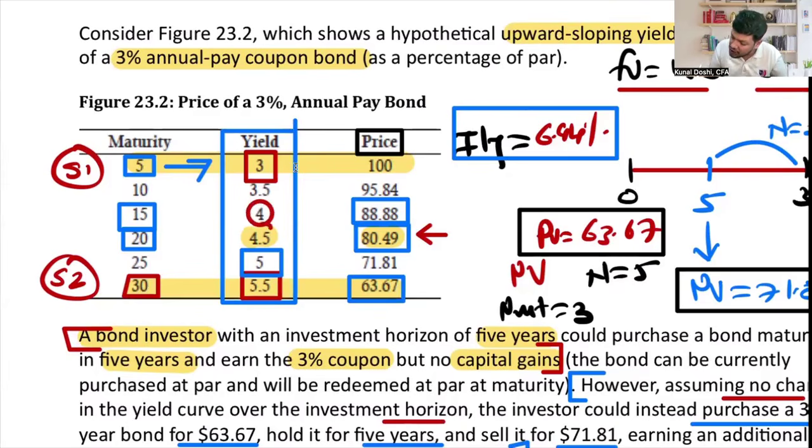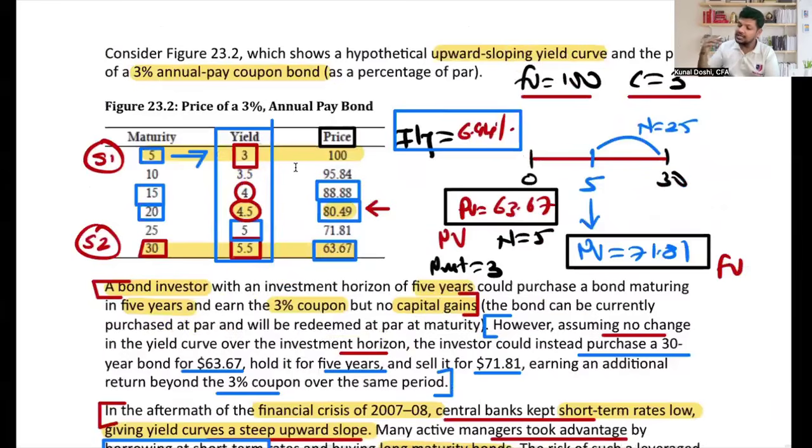Now, because of the drop in the yield, what happens? The bond prices will rise. So basically, when you sell the bond, you will get a higher valuation. This will result in a return which is actually more than what you would have achieved. Got it?